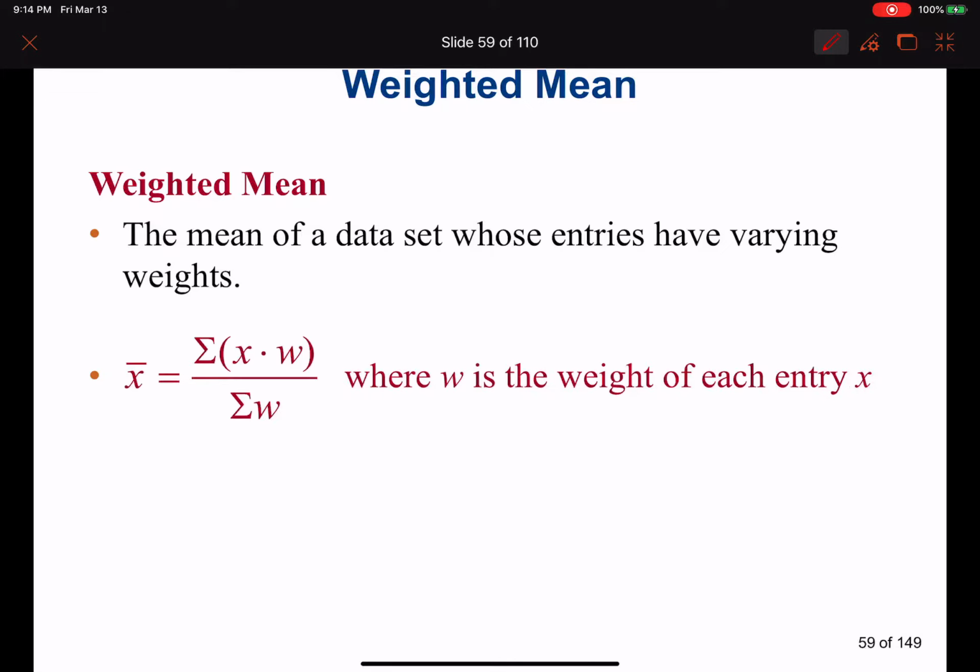The mean of a data set whose entries have varying weights. So we are going to consider weights. So this is our formula for the weighted mean. For the weighted mean, we multiply every single x, which in this case is going to be the grade of our assignment, be it homework, group activity, or test, by its own weight.